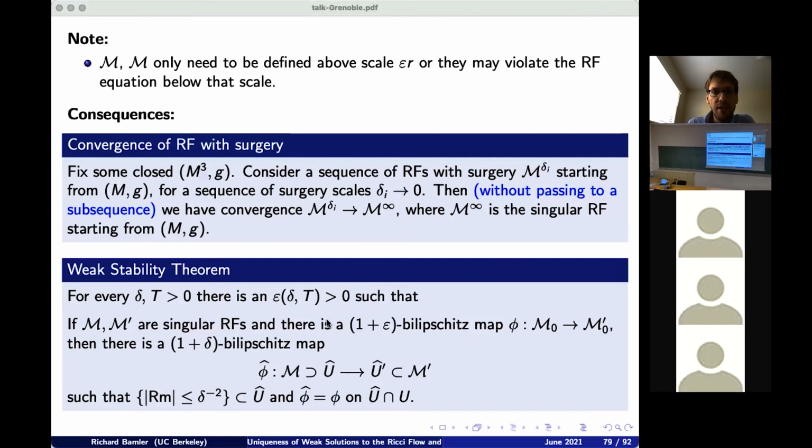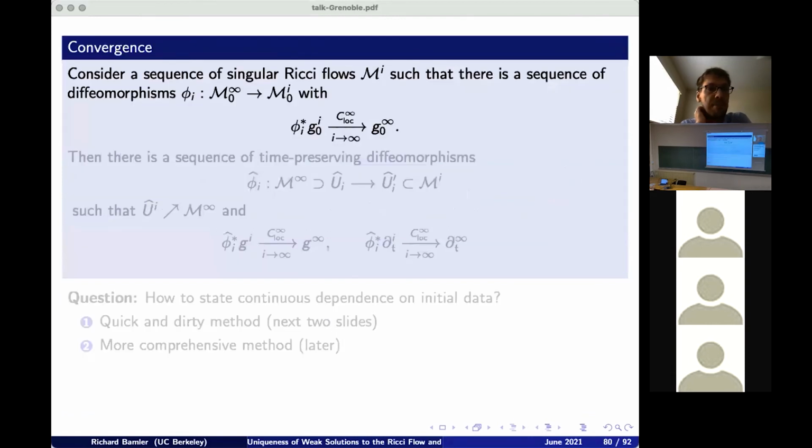And so here's another application. Let me now say this in terms of sequential convergence. So we get some kind of convergence statements of singular Ricci flows, and this will relate to continuous dependence in a moment. Sorry to go through all these statements. So we get the following theorem.